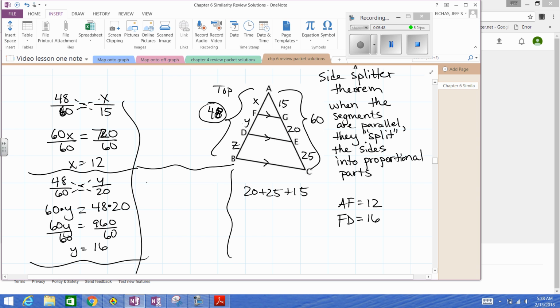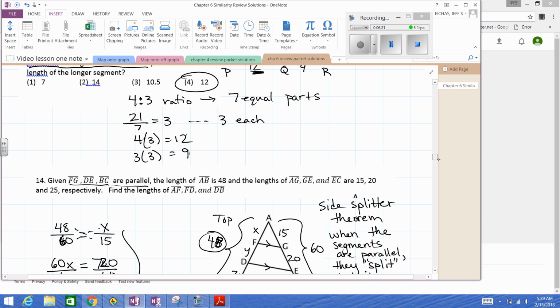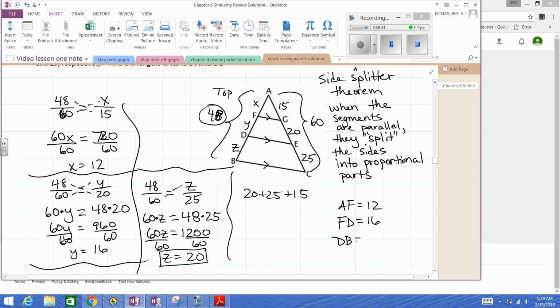Let's use 48 to 60 equals Z over 25. Cross products, 60 times Z, 48 times 25. 1200 divided by 60, and we get 20. Looks like 20, okay. So then that's DB, right? Is that what they wanted? DB is 20, and that's all of them.